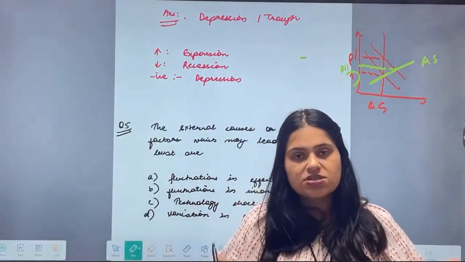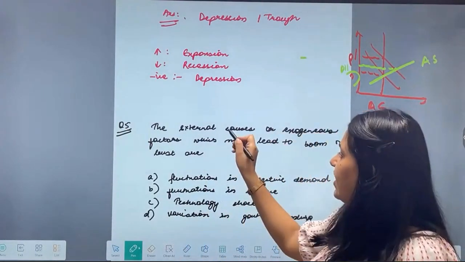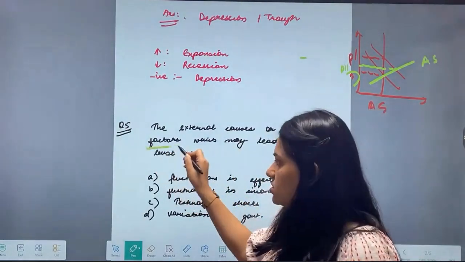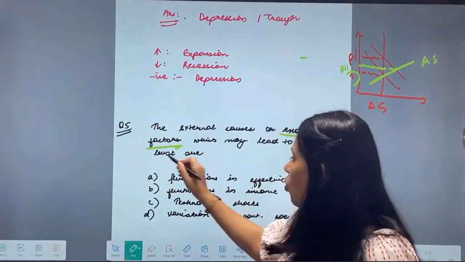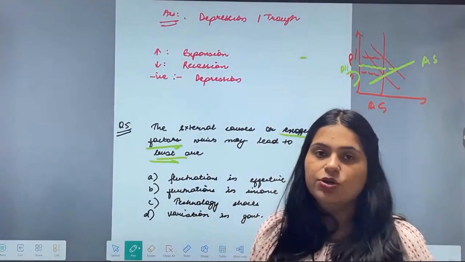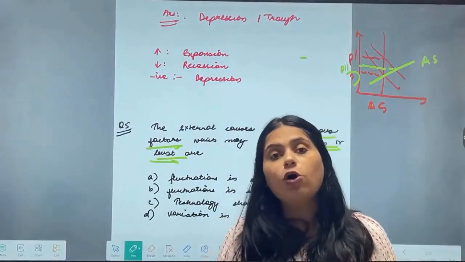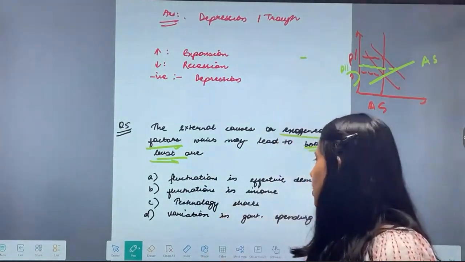One is endogenous, determined within the model. This is saying the external causes or exogenous factors which may lead to boom or bust are. So which are the exogenous factors of your business cycle? Go ahead and try to answer it.